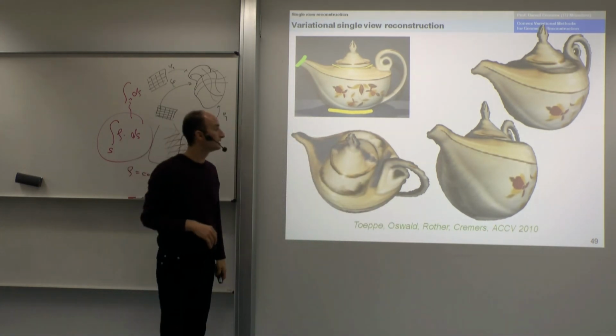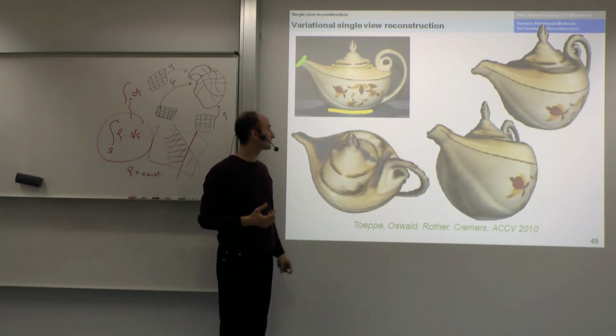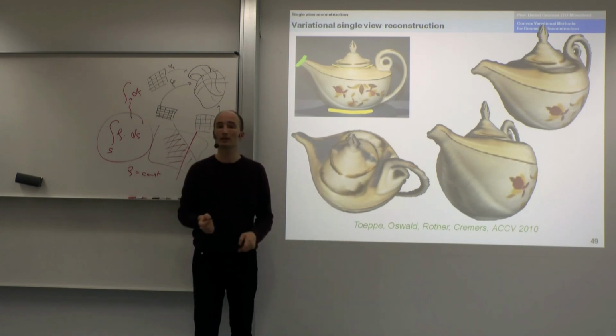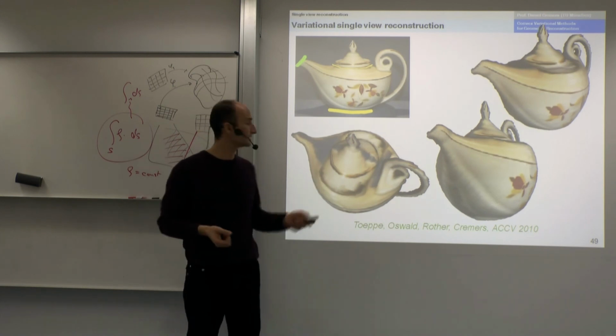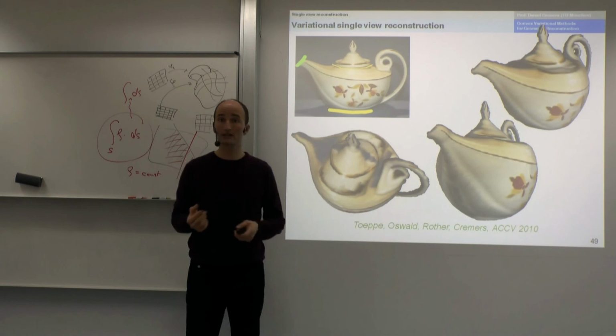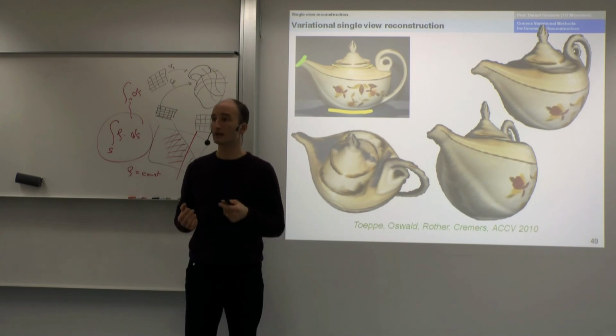And what's more, this is the nice thing about geometric reconstruction. Once you have geometry and color, you can do all sorts of things. You can take that teapot and say, what would the same teapot look like if it had different material properties?